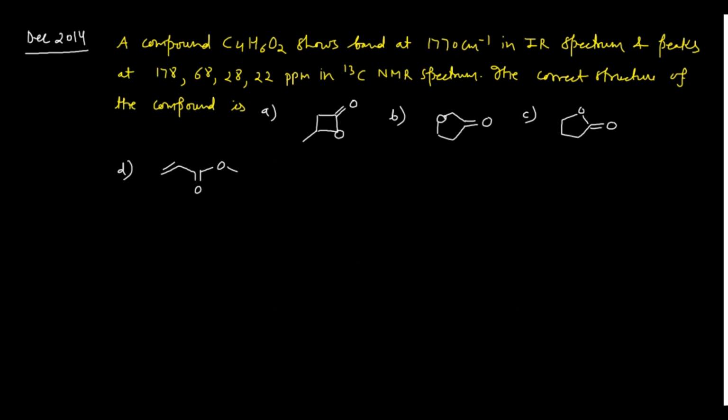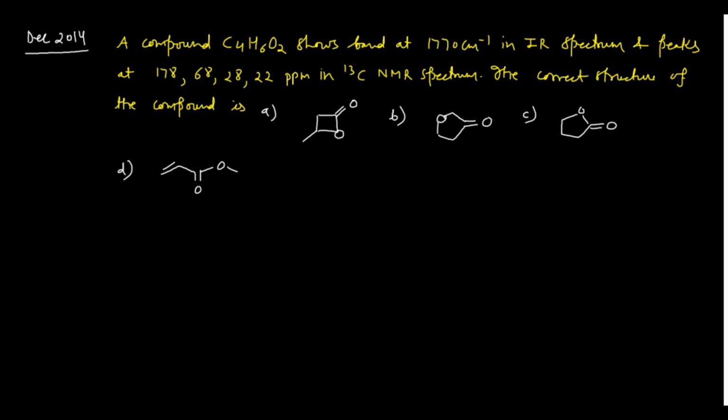Most of the time, this carbonyl group may be present in the aldehyde, the ketone, the acid, or the various acid derivatives like the esters, right? It may be present in your anhydrides, your acid halides and your amides. So there are many questions based on this carbonyl group actually, right? So here this is the stretching frequency in the IR spectrum, and this is the carbonyl frequency.